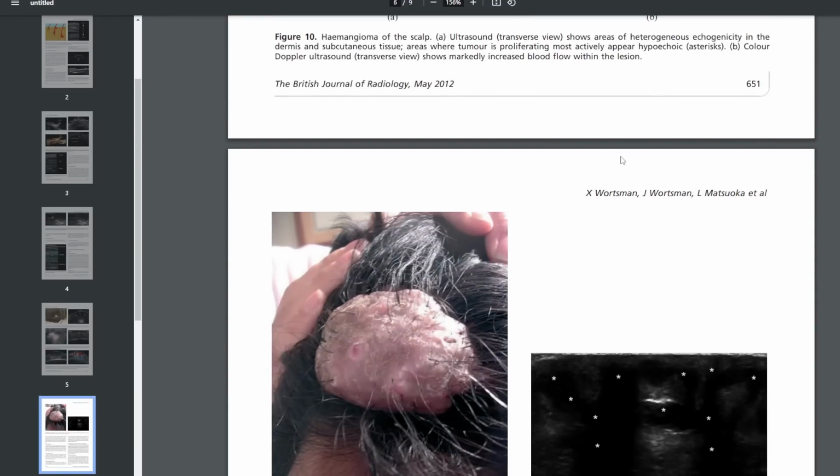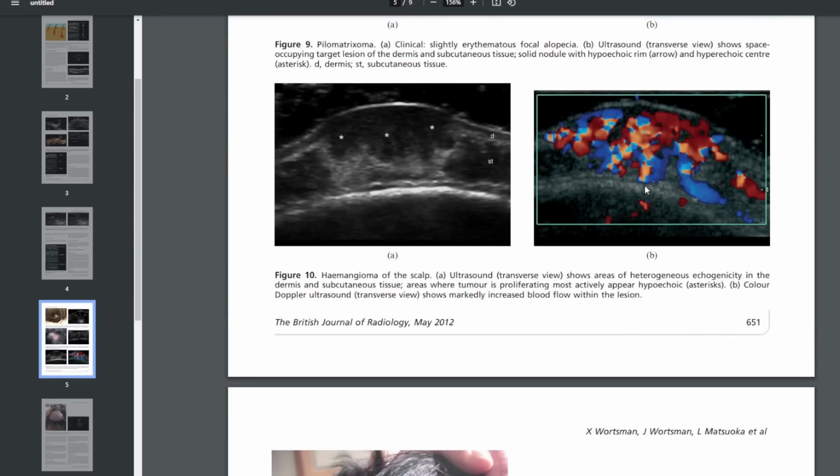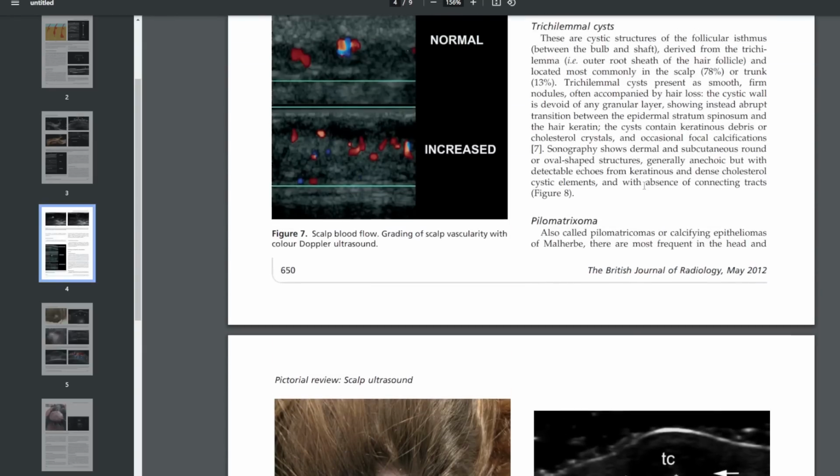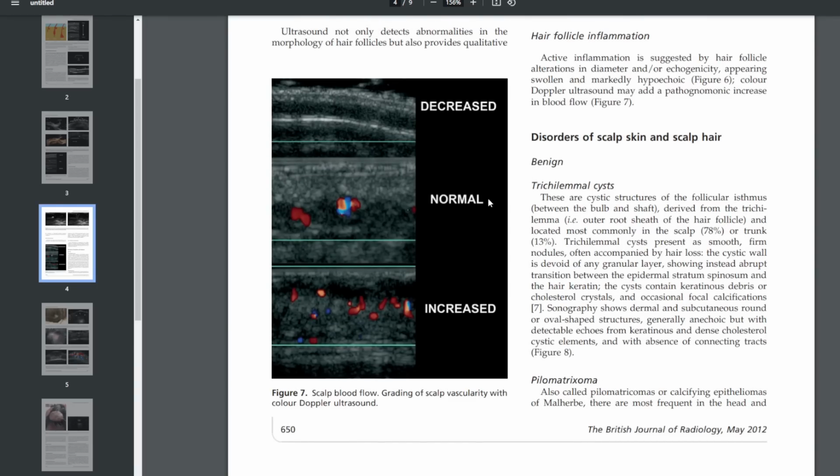If you're not looking at the screen, please look at the screen. But I think it's really cool because they can kind of tell where there are areas of inflammation, right? If we go to this particular section over here, they're able to see areas that have increased inflammation and decreased inflammation, and also increased blood flow and decreased blood flow.